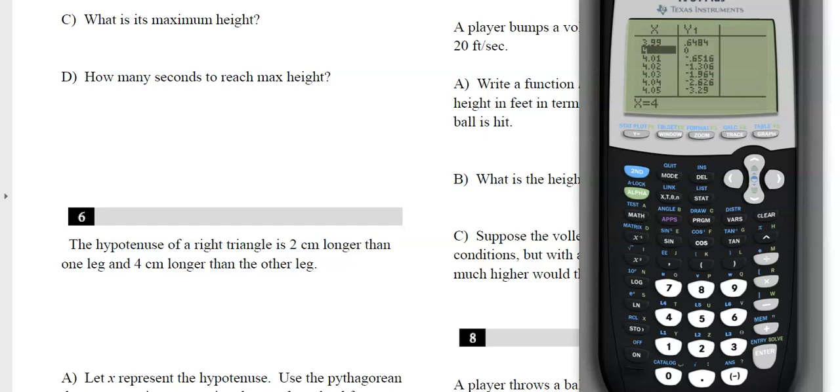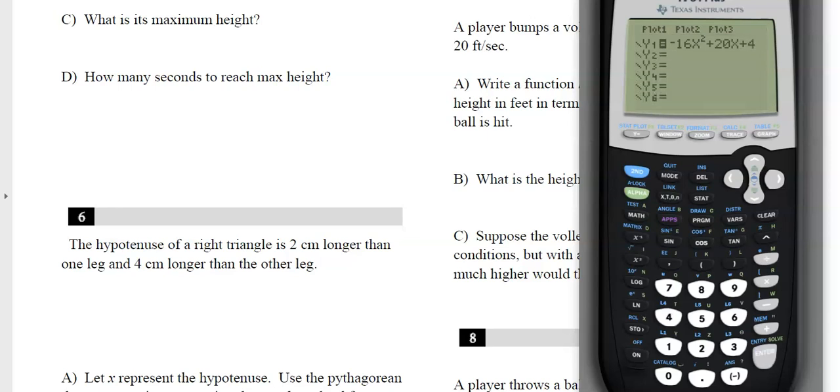Turn it on. Y equals, let's just clear that out, negative 16 x squared plus 20x. Takes a lot longer punching it on this big board than it does to just do it in my hand. Plus height of 4, enter.